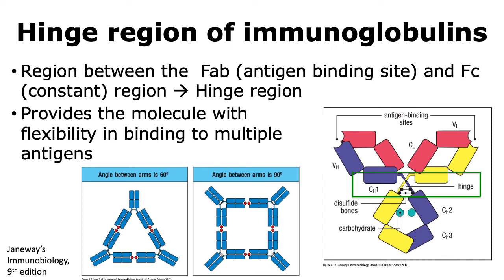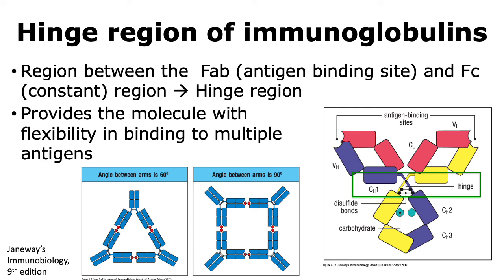So here's an example in the figure to the left, right below the text, where we can see 3 immunoglobulins binding to 3 antigens. And the way the binding has occurred, the angle between the different arms of the immunoglobulins is 60 degrees. However, when you look at the figure right next to it, to the right, we can see 4 immunoglobulin molecules that are now binding to 4 antigens that are near each other.